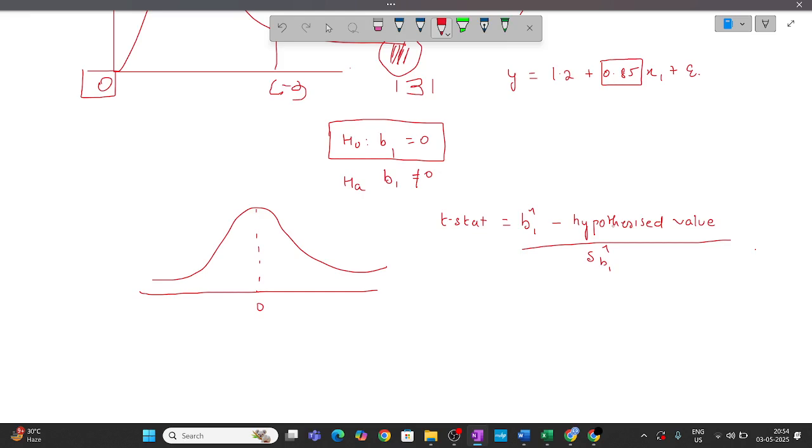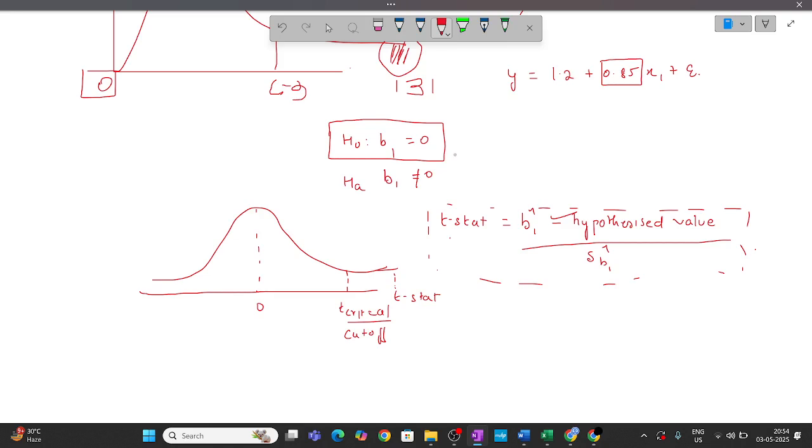Now if this t stat is very far away from 0, if it is greater than some upper cutoff, say this is t critical, and my t stat which I get from this equation is somewhere here, then I can conclude that the t stat is far away from 0, right?